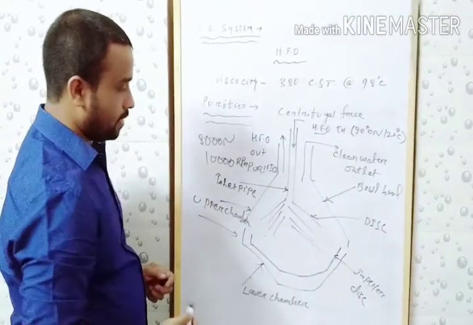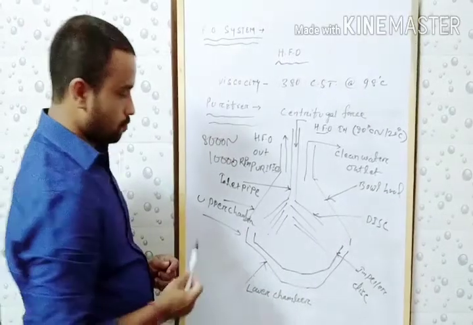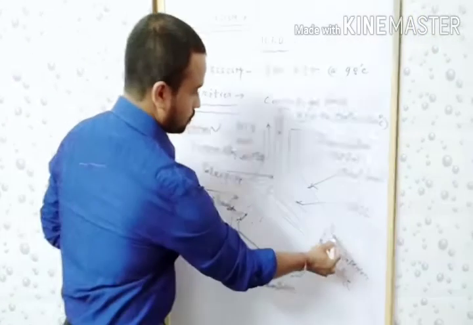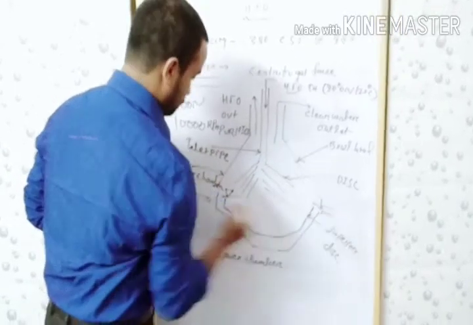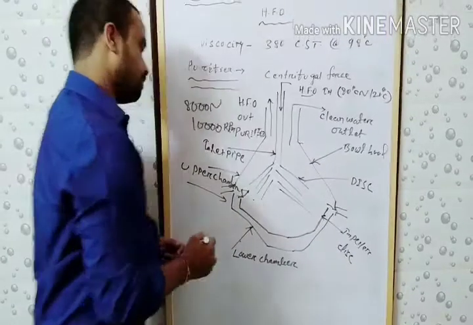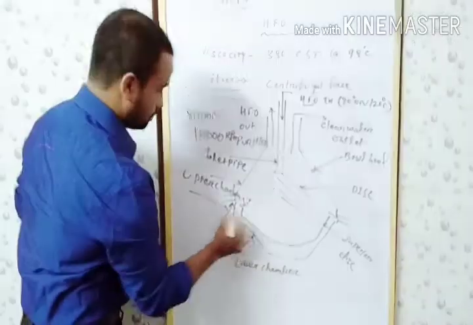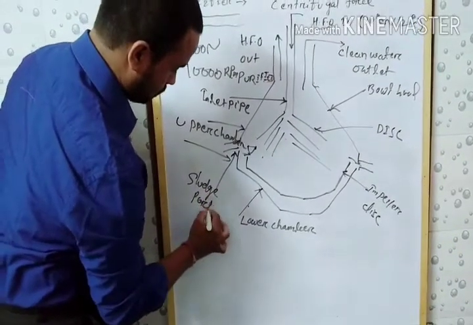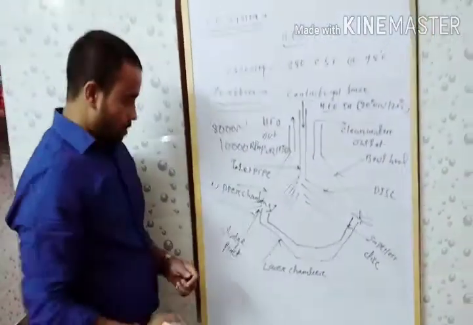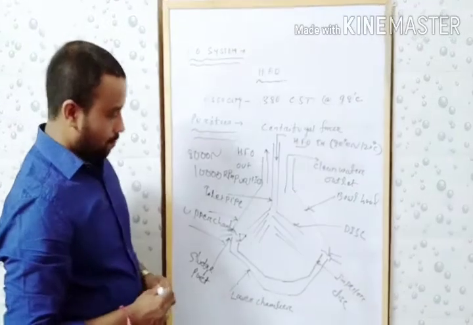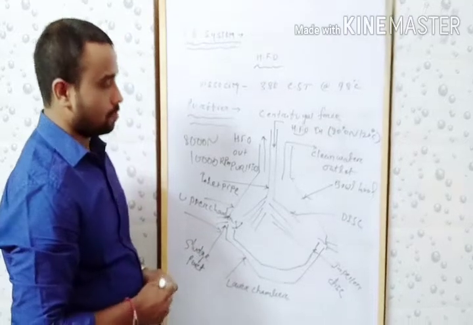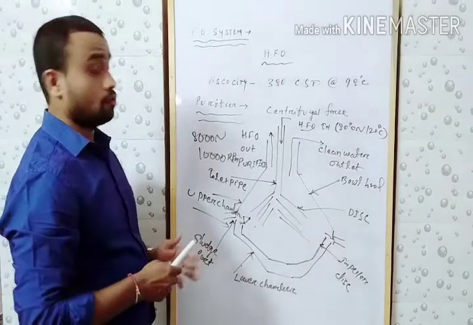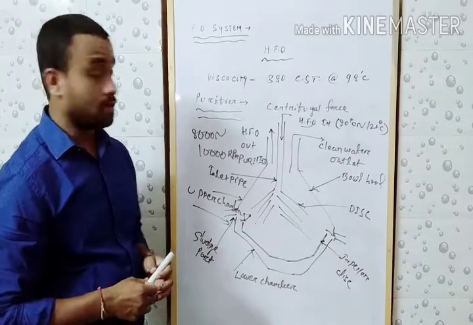Where the disc is rotating, due to the centrifugal force, the heavy particles are deposited here. These are the sludge ports. After about every 30 minutes of operation, we need to desludge the purifier.